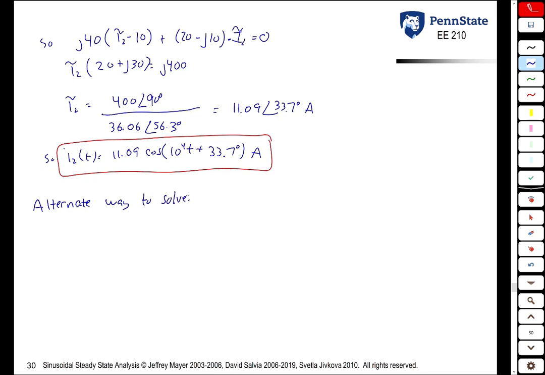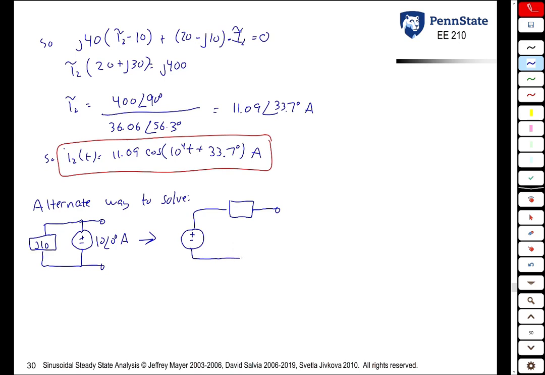So the idea here is we're going to take this parallel combination of a current source and a parallel impedance and replace it by a voltage source and a series impedance. The voltage source is what?